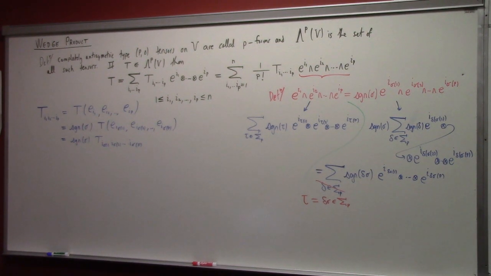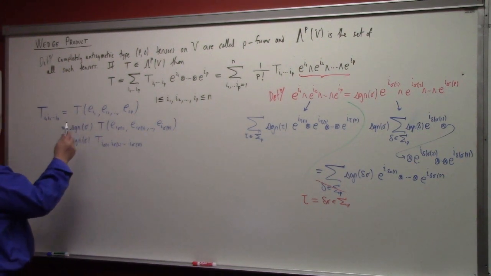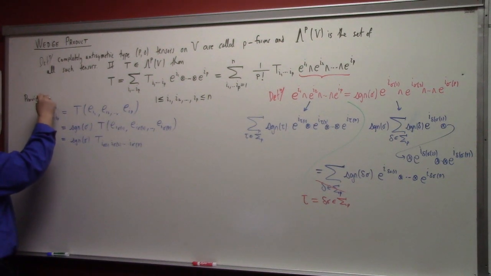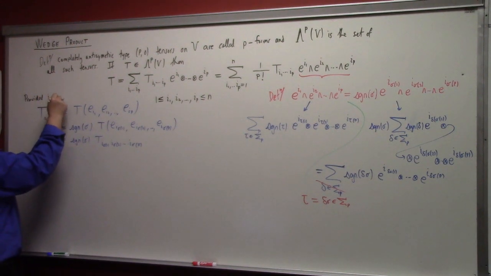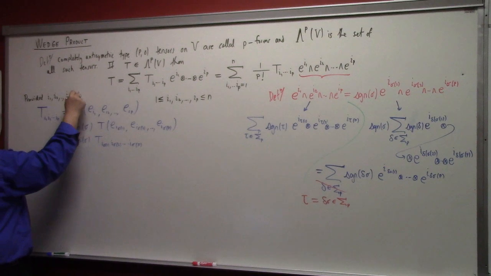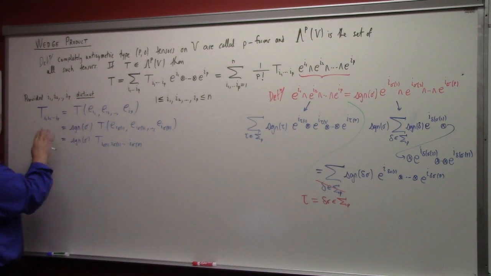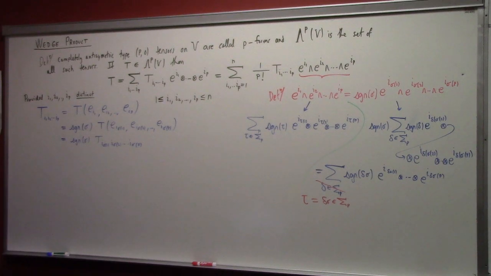I need to understand that the sign of sigma is 0 if there are any repeats, right? So this calculation is only legit provided i1, i2, up to ip are distinct.